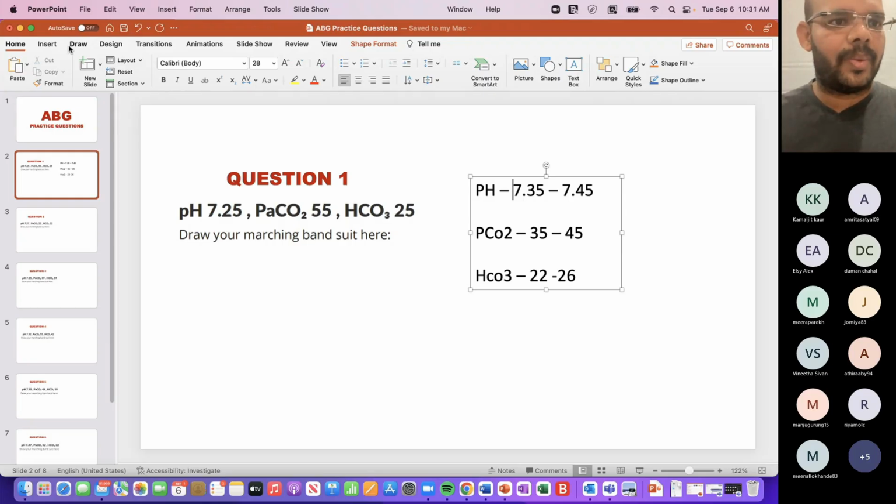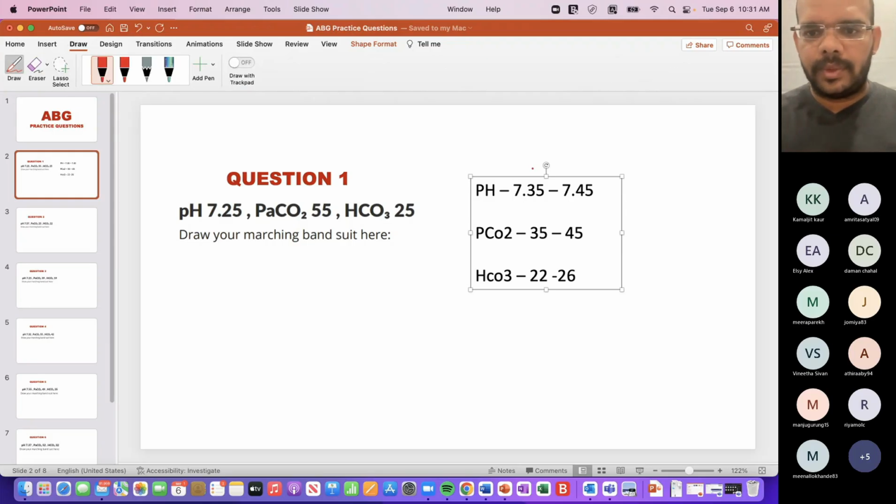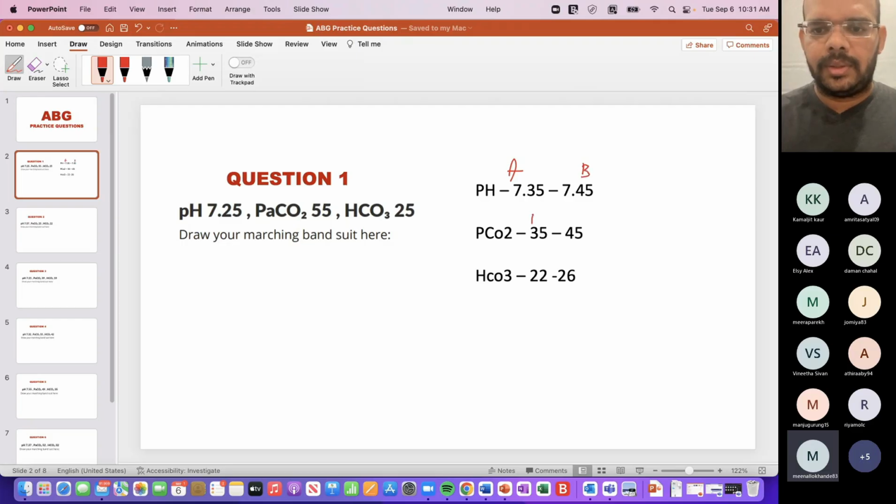So this is acidosis. This is alkalosis. This is acidosis, and this is alkalosis.